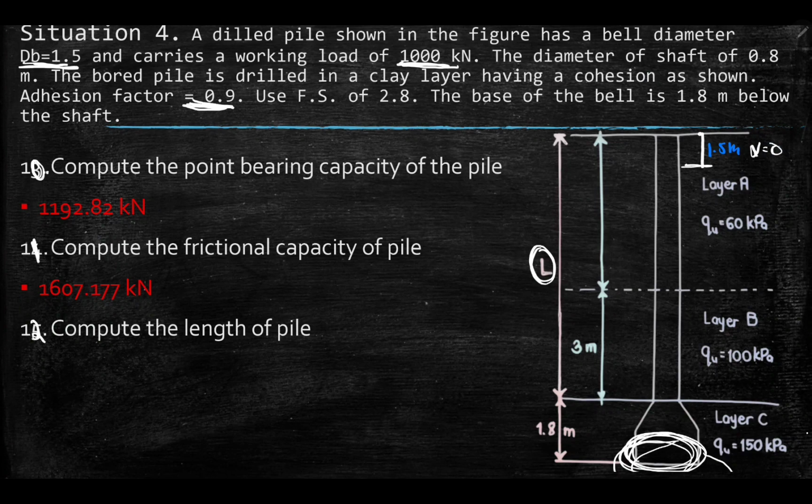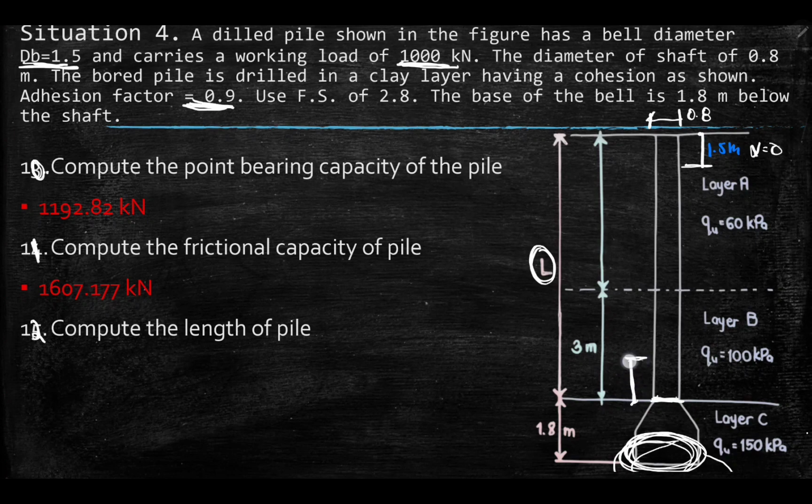Ang next naman na sinabi is 1 diameter D_s above the bottom of the shaft. So ano ang diameter ba ng D_s natin or diameter of the shaft? Given siya as 0.8. Therefore, ito yung bottom ng shaft natin. Ito yung shaft. Ito yung bell. So, yung bottom daw ng shaft natin, 1 diameter above ng bottom of the shaft.